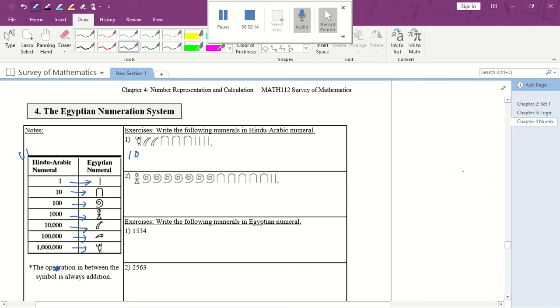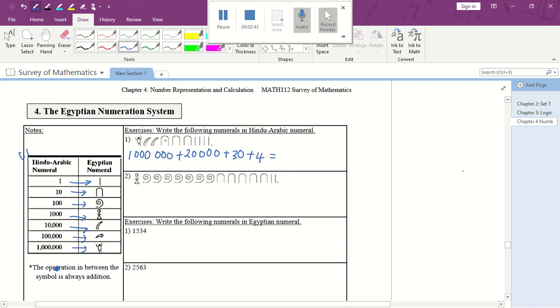Plus there are 2 fingernails, and fingernails represent 10,000, so you'll be adding 20,000 because there are 2. And the cover, we have 3, which means plus 30. And we have 4 lines here, which means 4.